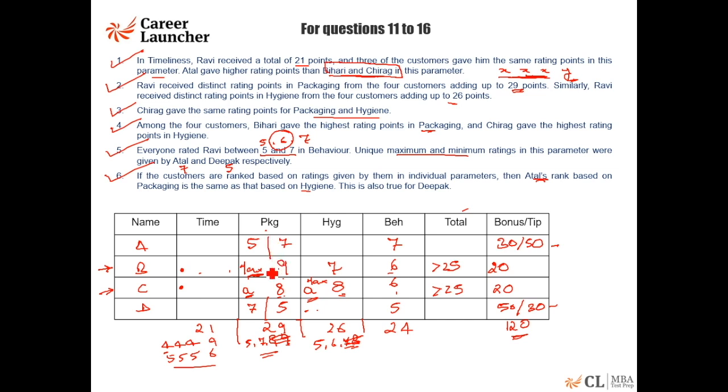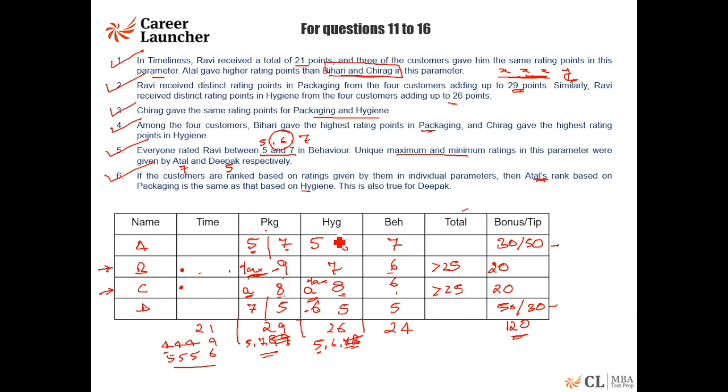So two possibilities out here. Okay. Similarly, if this is 5, that means this is the lowest. This will also be 5. Okay. And if this is 5, Deepak will be 6. Similarly, if Atal is going to be 7 in packaging, that means he should be 6 in hygiene. And Deepak should be 5 points in hygiene.